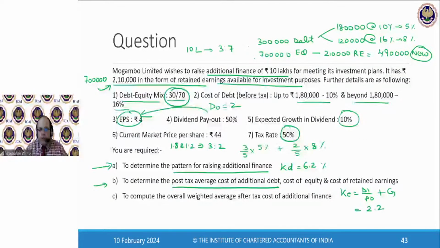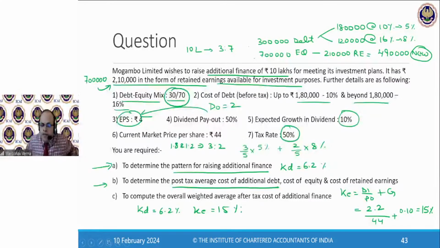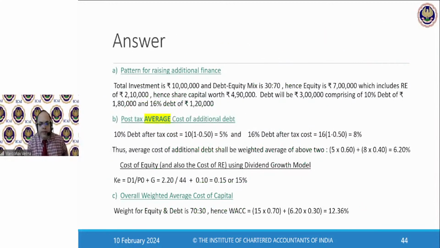So D1 becomes 2.2. 2.2 upon 44 plus 0.1. It seems cost of equity is 15%, guys. So that means we are looking at cost of debt as 6.2% and cost of equity as 15%, and the third part is definitely your cup of tea, which you guys can easily calculate. Your 70 and 30 or 3:7 ratio, whatever, you can easily calculate the WACC.